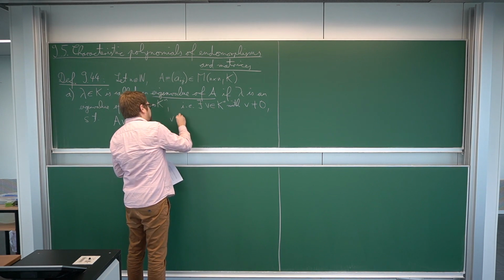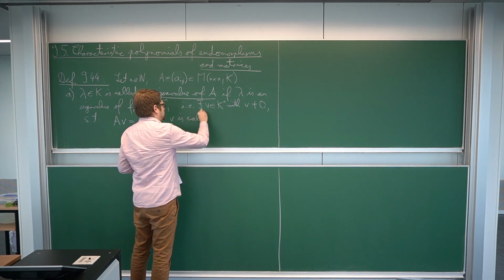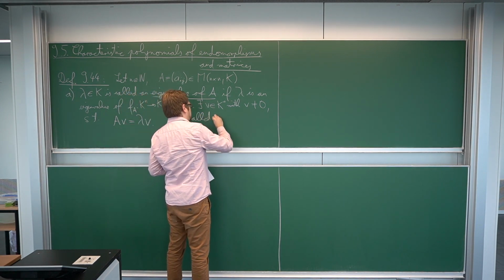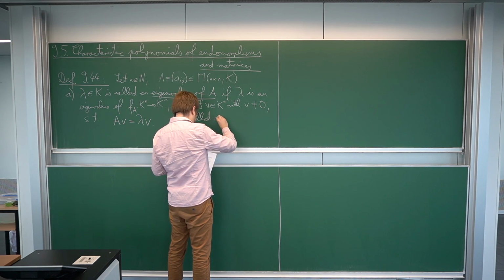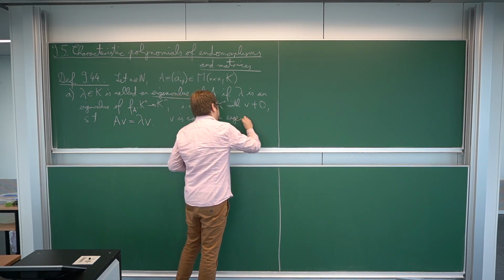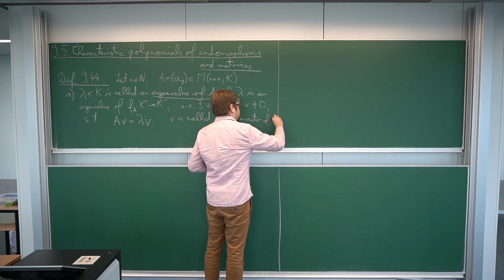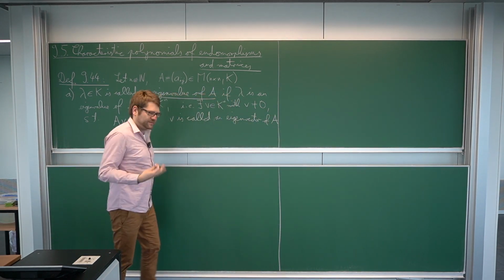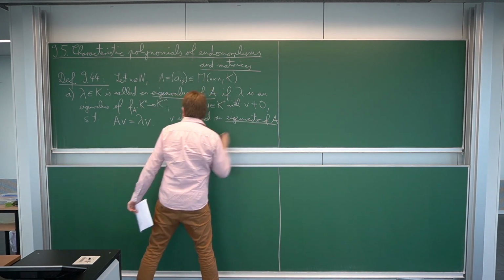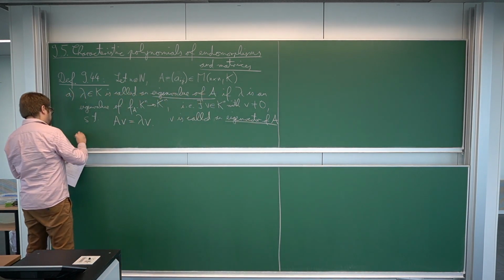Now, v is then called an eigenvector of A corresponding to lambda. So the same, just instead of mentioning the endomorphism, we mention the matrix here.